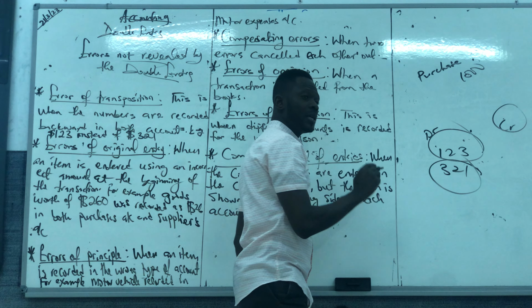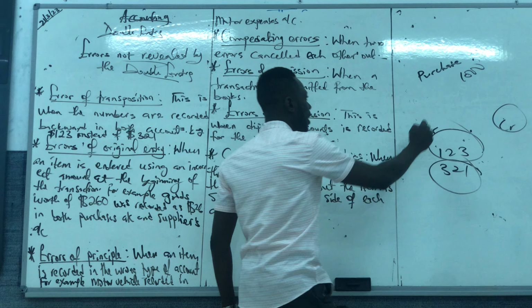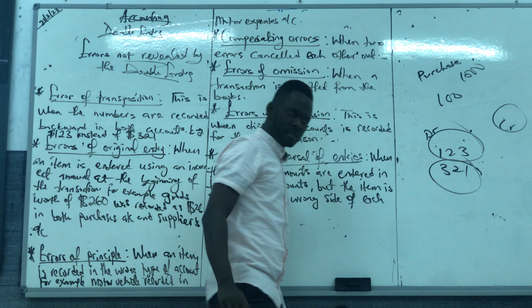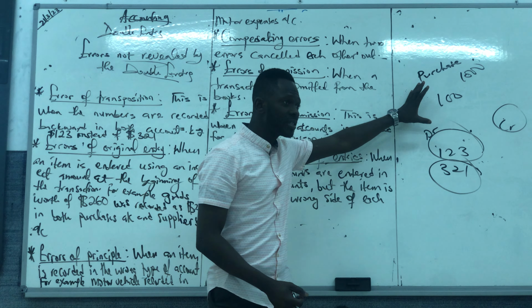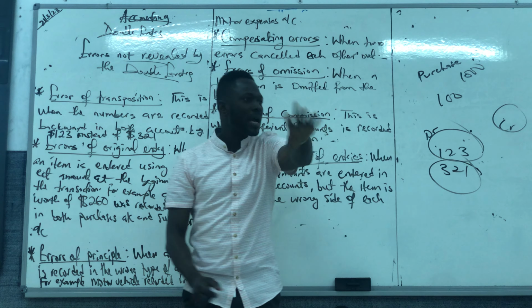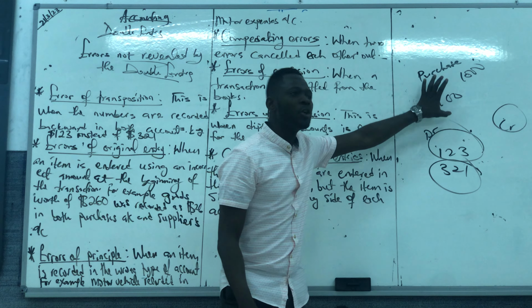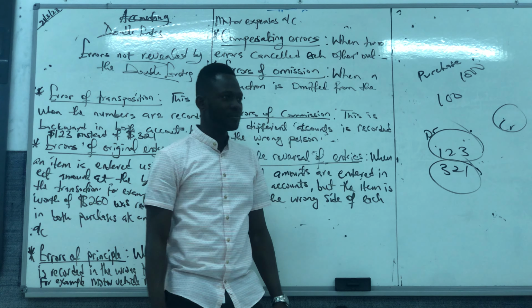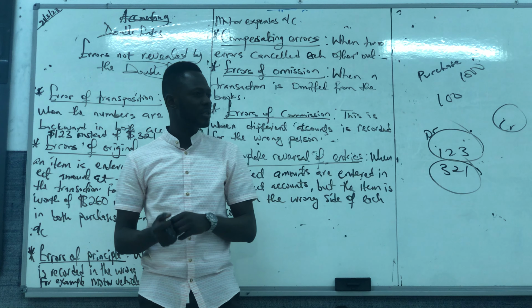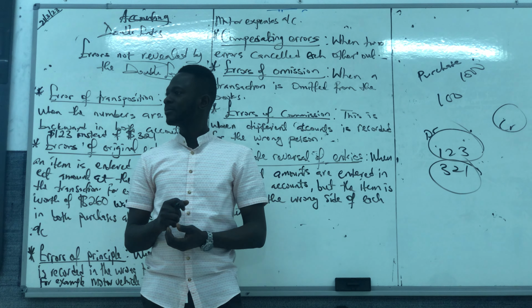Instead of recording 1,000, I recorded $100 in the purchases account and the supplier's account. So I started with 100, and it continues with 100. It will not affect the double entry. Do you get the point?